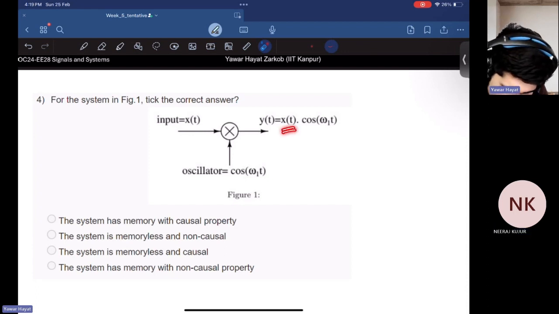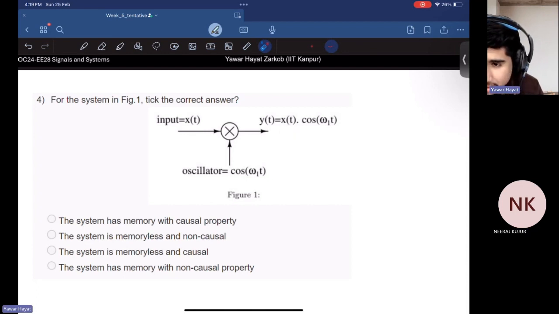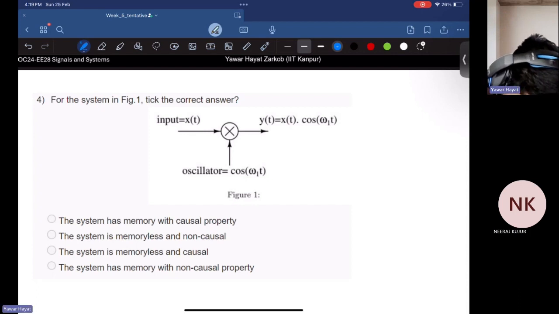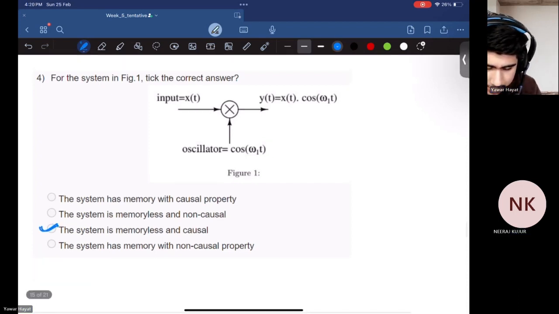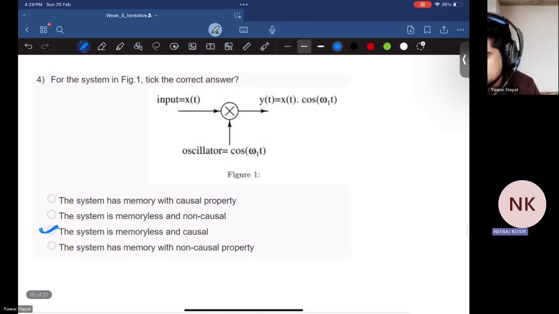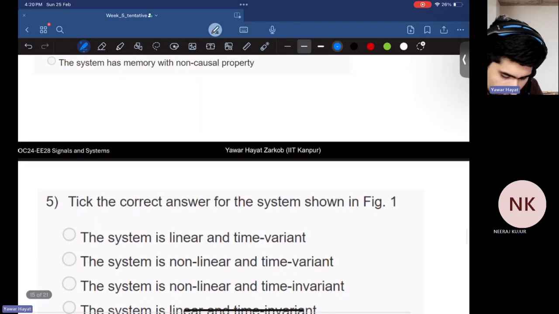And that is the case over here, right? So this system is memoryless. It does not have memory. So the system is memoryless and is causal. Option C. Is this clear? Okay, we'll move ahead now.